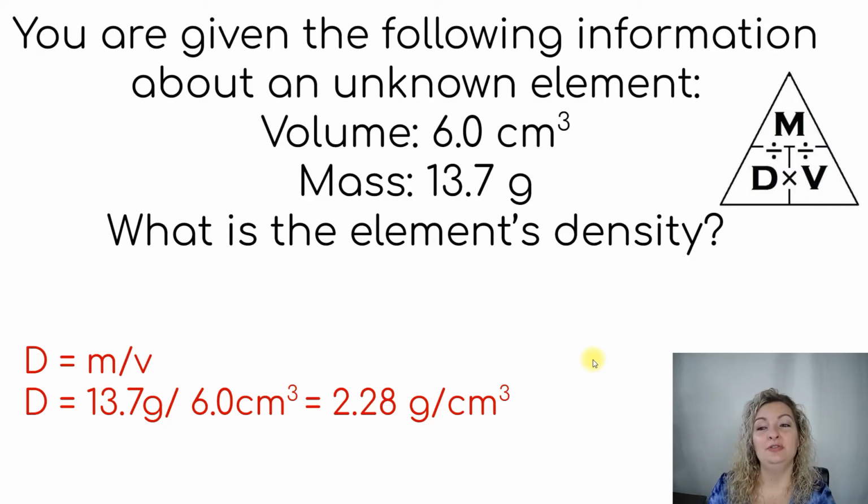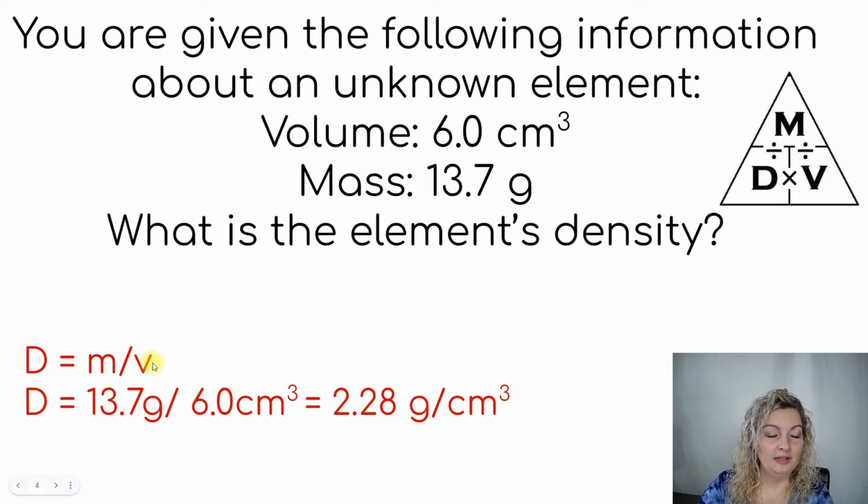You are given the following information about an unknown element. Volume is 6.0 cubic centimeters and mass is 13.7 grams. What is the element's density? Because it's asking us for the density, if you're using the triangle method, we can cover up the D and we can see that it's going to be M divided by V, or mass divided by volume.